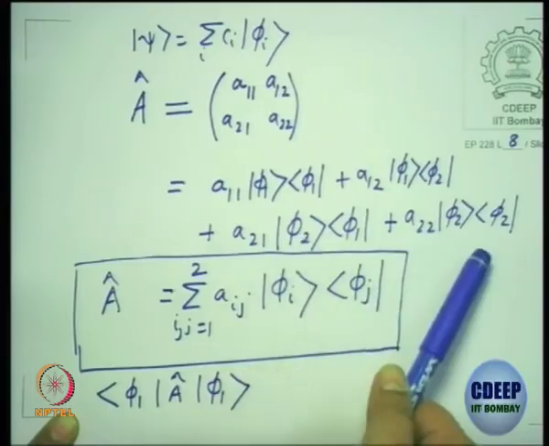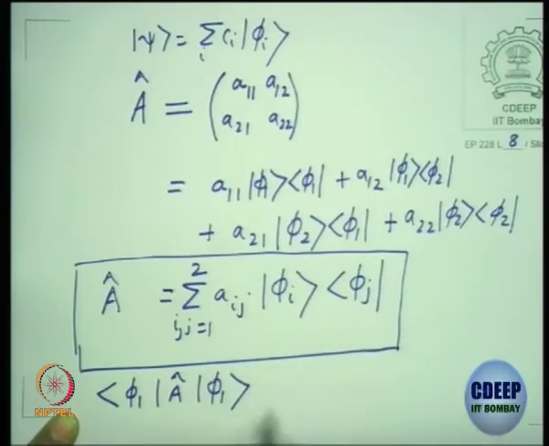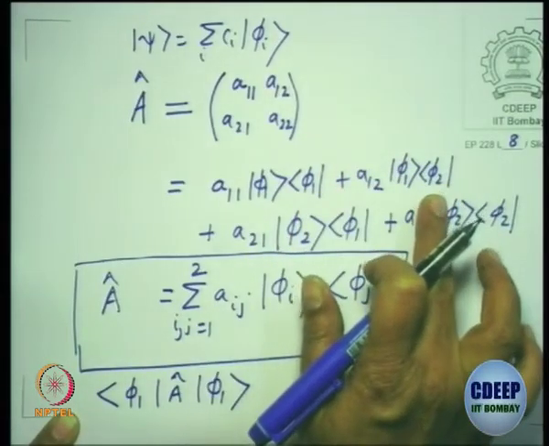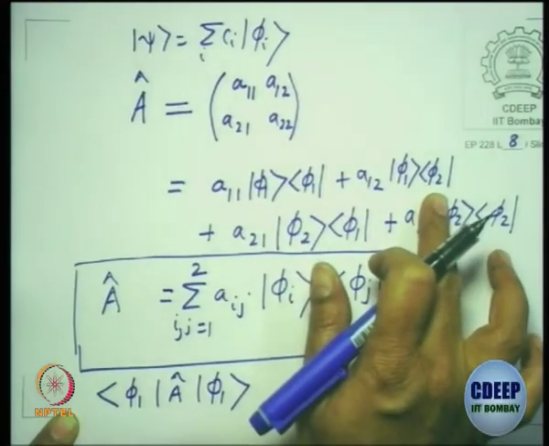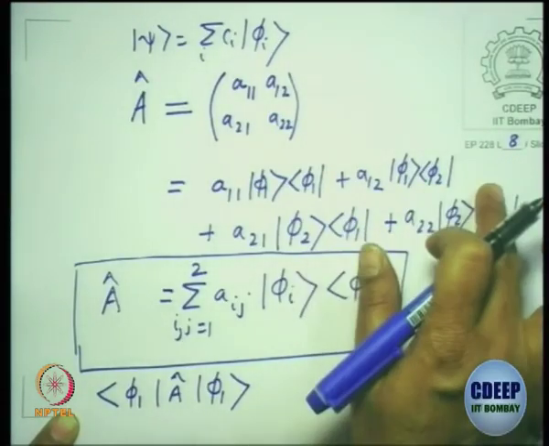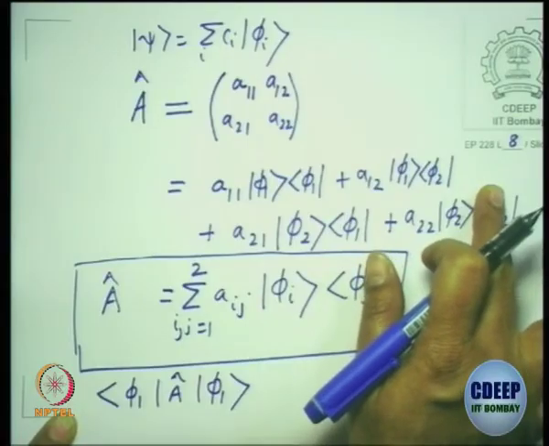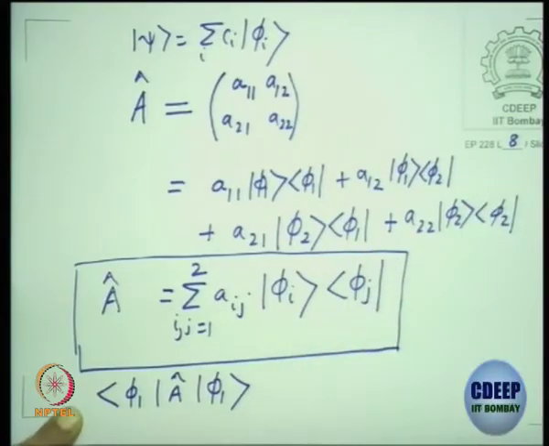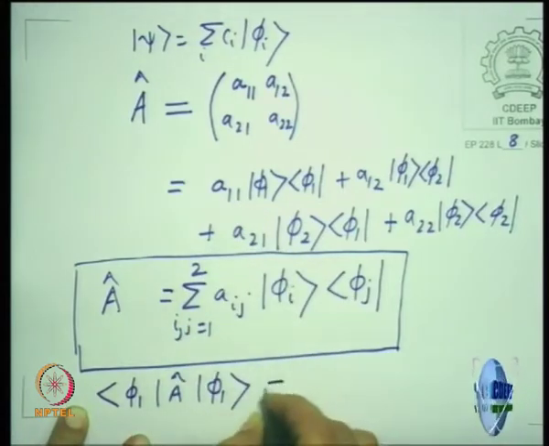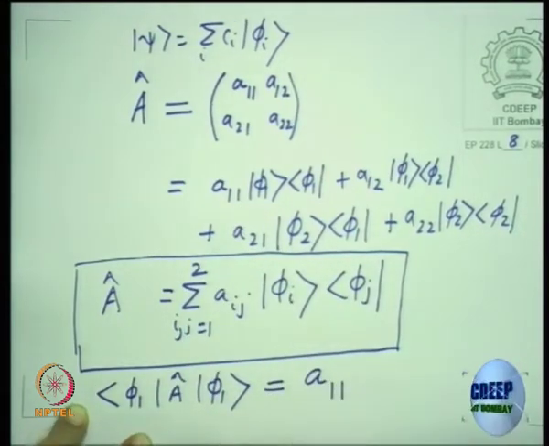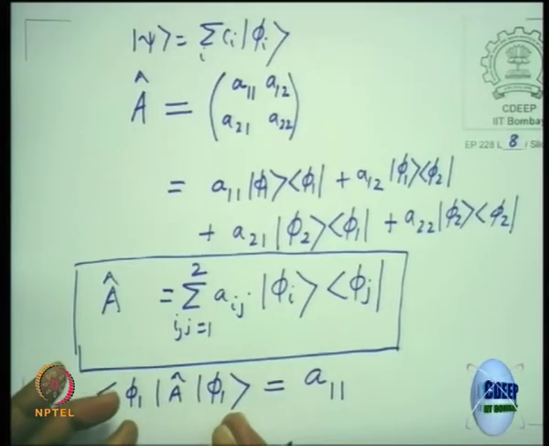If I put the ket |phi 1> after that, that will operate on this state, and what happens to this term? It will be 0. So, what do we get from here? The only non-zero element will turn out to be A11.